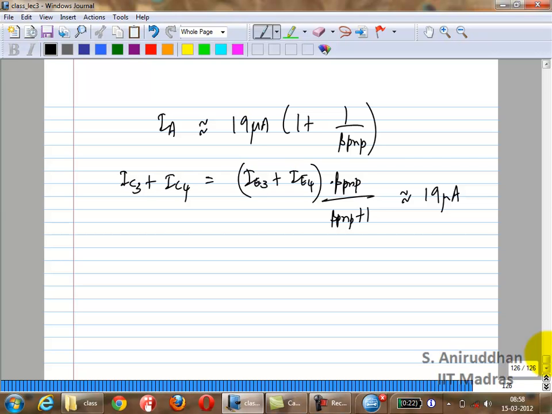If you want the whole thing, you can go look at a textbook and pick out Gray and Meyer, they have it in their book. So we'll do the DC analysis. After that, we'll do the small signal analysis. We'll find out Rin, Rout, voltage gain of each stage, so that we can find out the overall DC gain, overall input resistance, output resistance, and so on. Okay. And then we'll finish. That's more than that you don't need to know about the 741. Okay. See you tomorrow.